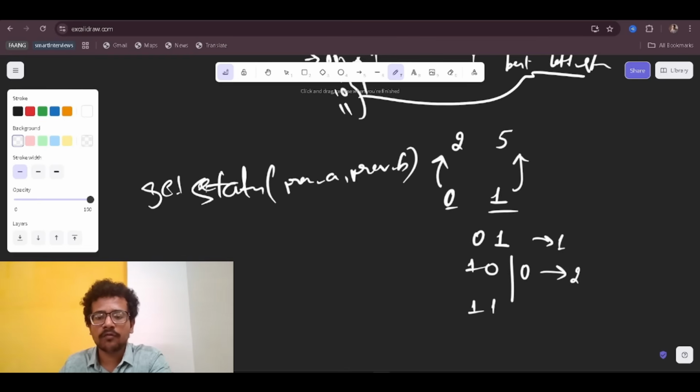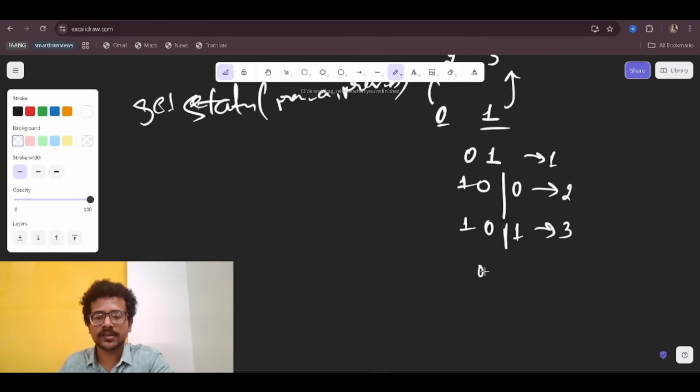Now 1 1 is odd, right? 1 1 is something like 3. Now what I'll do, 1 0 or 1, that would give me 3, right? 0 0 is nothing but 0 or 0 will give me 0.